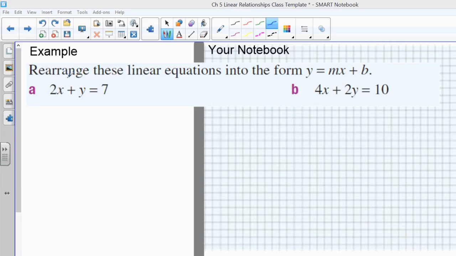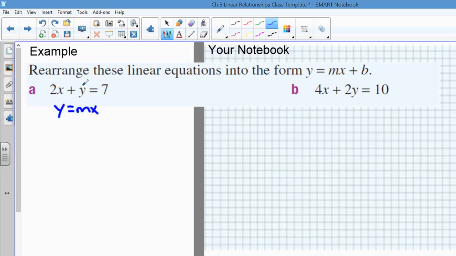In these next two examples, we're just looking at lines that are not already in the y equals mx plus b form. So if I were asked to find the gradient and the y-intercept, I wouldn't know yet because it's in the wrong form. So what I would have to do on my paper is write down this equation, and then I would try to use my skills to solve the equation for y. So I'd want the y to be by itself. So if I want the y to be by itself, that means I'm going to subtract the 2x term, because I want to move this 2x term away from the y.